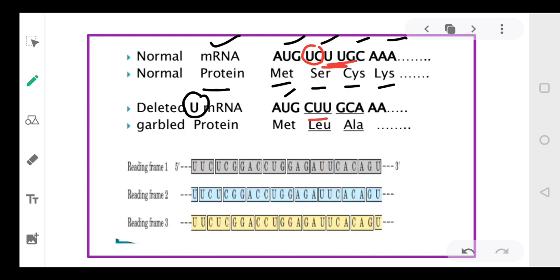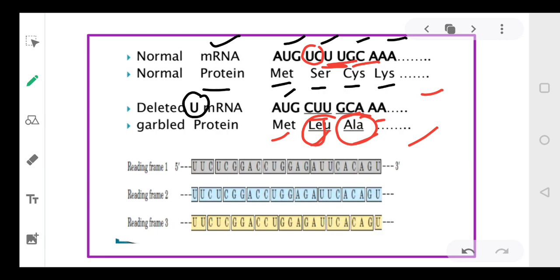CUU, okay? And then GCA and then AA. So consequently the reading frame has changed. Now we'll have a protein methionine, leucine and alanine. So these two are the proteins which were not being made earlier. But because of the change in the sequence, now these two proteins are being made.